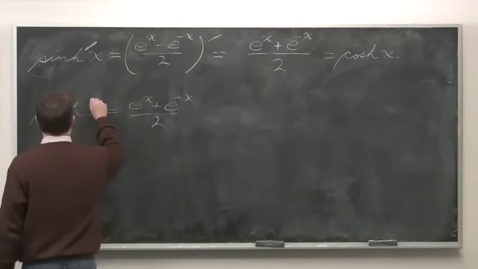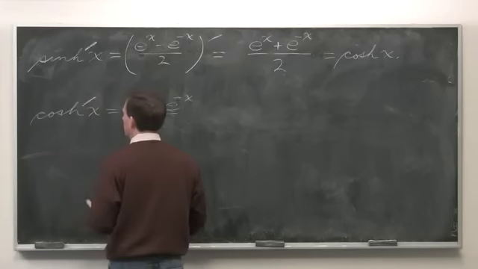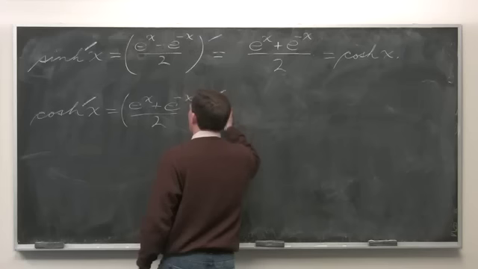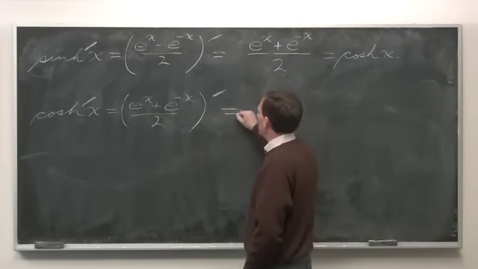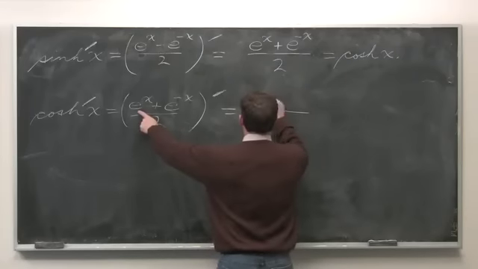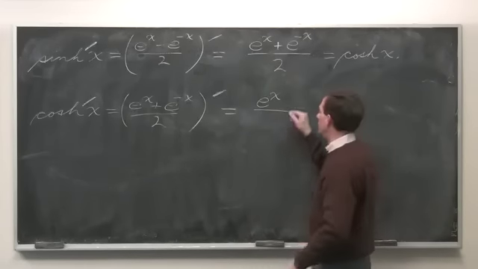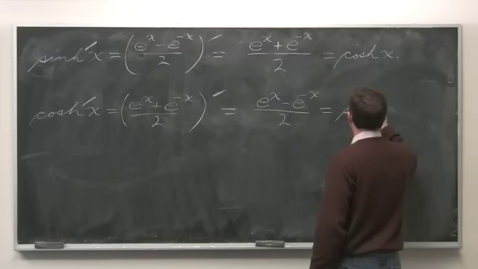You might think, in analogy with ordinary trig functions, that the derivative of hyperbolic cosine would be negative hyperbolic sine. That is not right. The derivative of e to the x is e to the x. The derivative of e to the negative x, as we just said, is negative e to the negative x. So yes, the derivative of cosh is sinh.